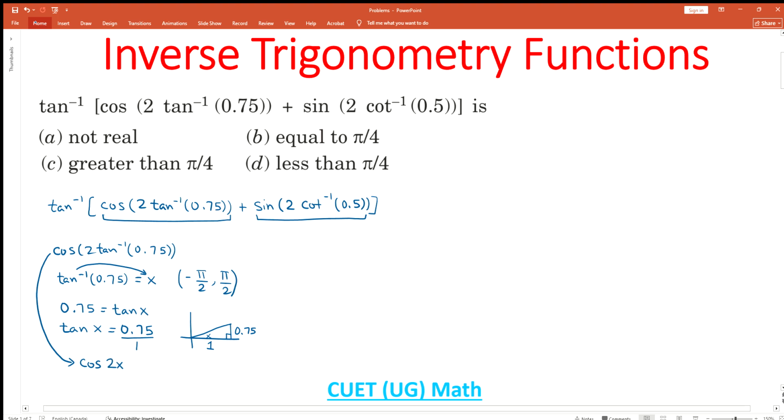We can use the double angle identity for cosine function to find the value of cos 2x. We can use the identity cos 2x equals 2 cos square x minus 1. To find cos x, we have to find the length of the third side, the hypotenuse in this right angle triangle. For that, we can use the Pythagorean theorem equation.